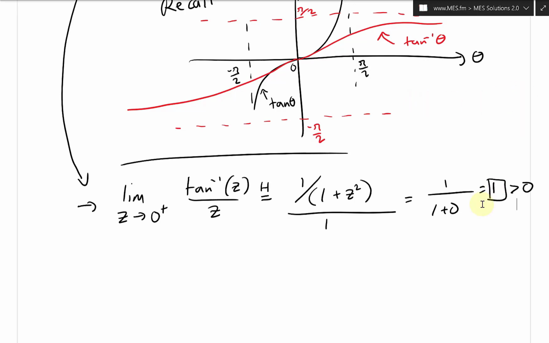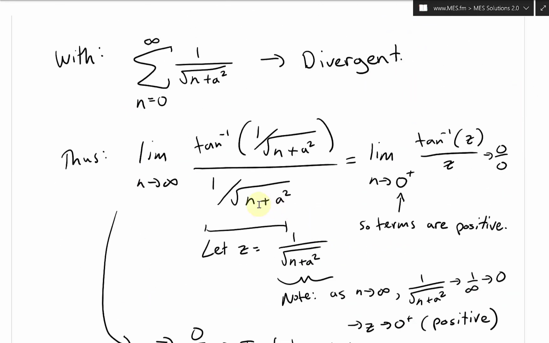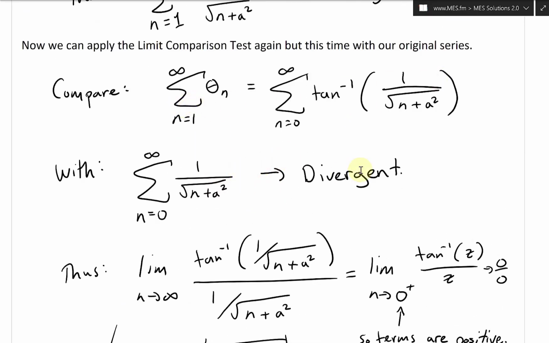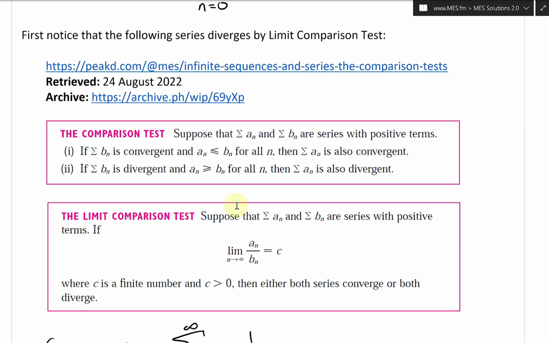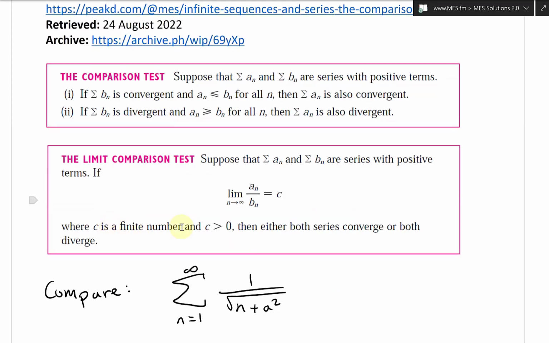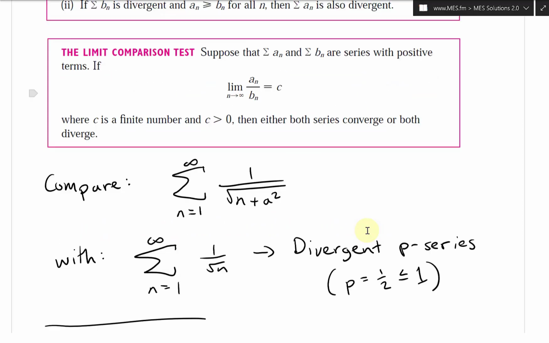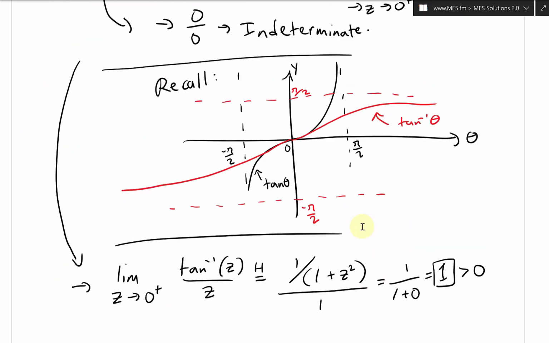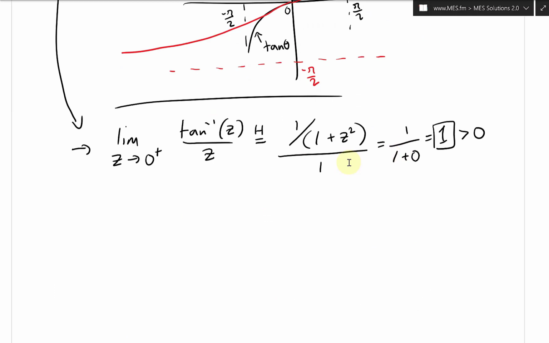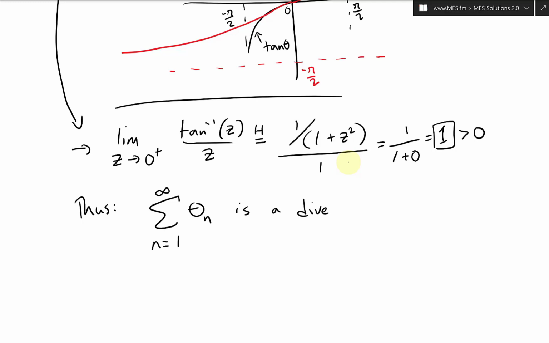Thus by the limit comparison test, this has to diverge as well. Because this is divergent, this has to be divergent, as per the limit comparison test: if C is a finite number greater than 0, then either both converge or both diverge. So they both diverge. Thus the series, the summation from n equals 1 to infinity of the angle theta sub n, is a divergent series.